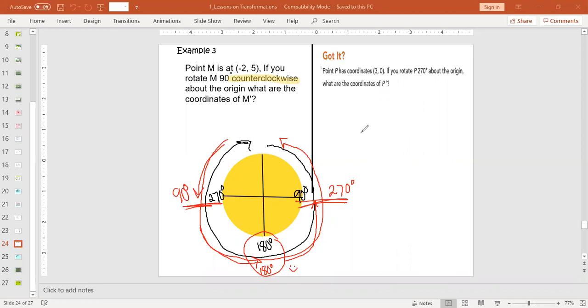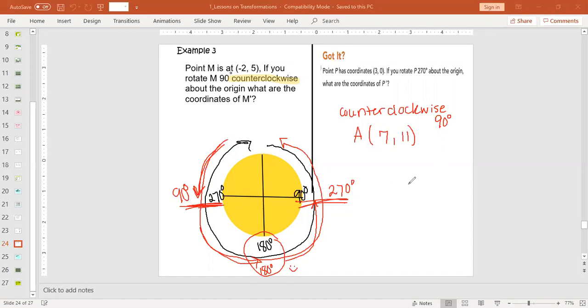For example, if I said, all right, point A is at 7, 11, and I said do counterclockwise 90 degrees. Well, you know counterclockwise 90 degrees right here is the same as 270 clockwise, okay?